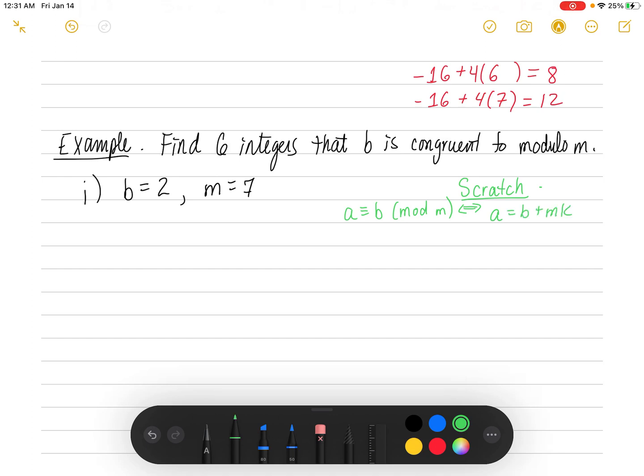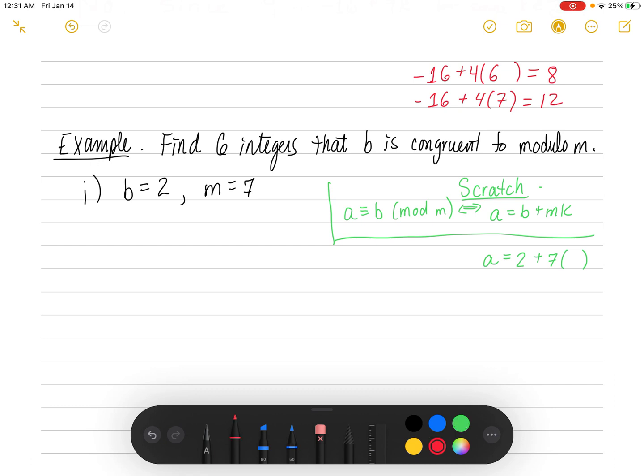That's the form. So I'm going to start off with A unknown here. I'm going to start off with a B of 2 plus an M of 7 times K.